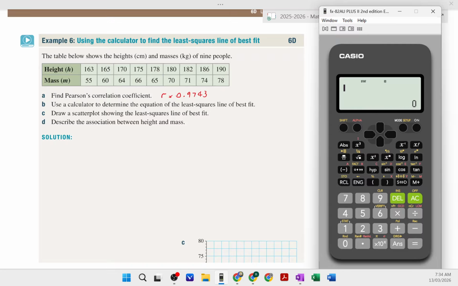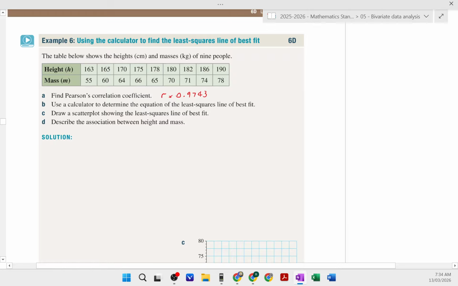Now what it's asking me to do is use the calculator to determine the equation of the least squares line of best fit. I'll hit all clear again. When we set up which regression we were going to use on the calculator, it said A plus Bx. What the calculator is actually doing is the regression for both of the variables.